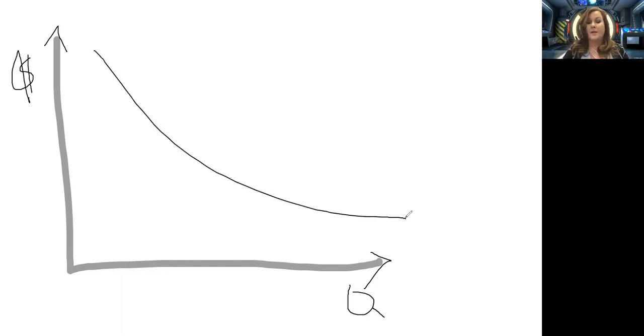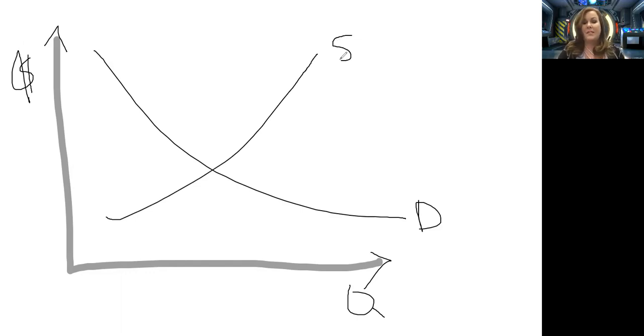Here is my demand curve. Here's my supply curve. So if something happens that all of a sudden makes supply decrease, let's say inputs increase, so lumber has gotten expensive, so that's going to affect new home prices. So that is going to decrease our supply. It's going to shift it to the left.